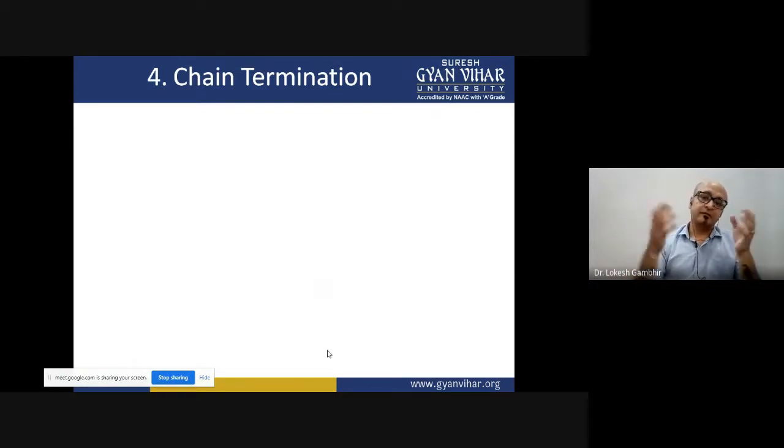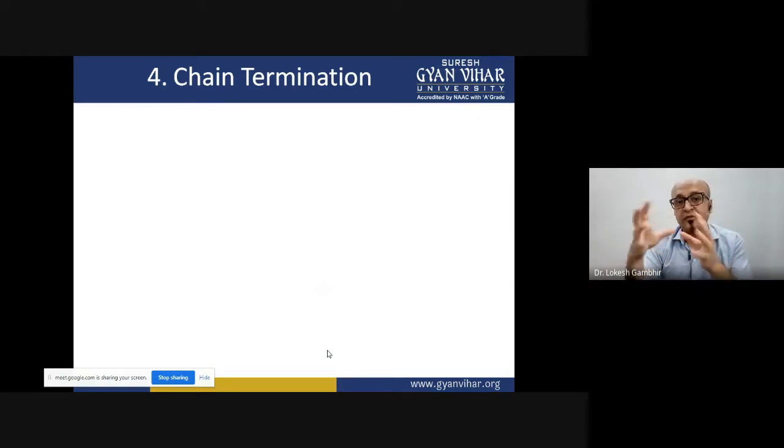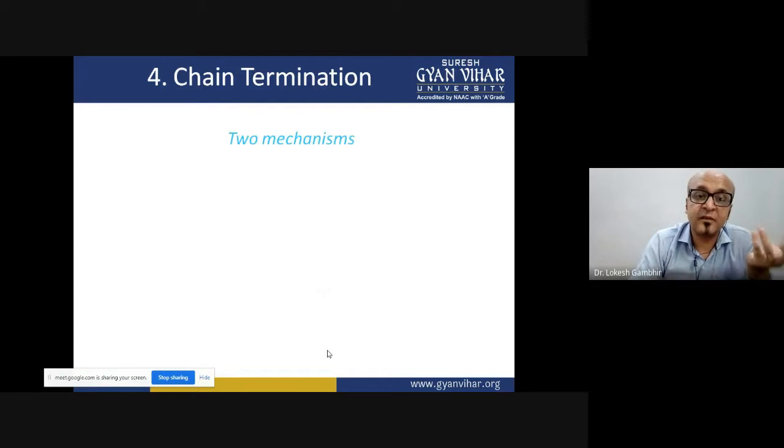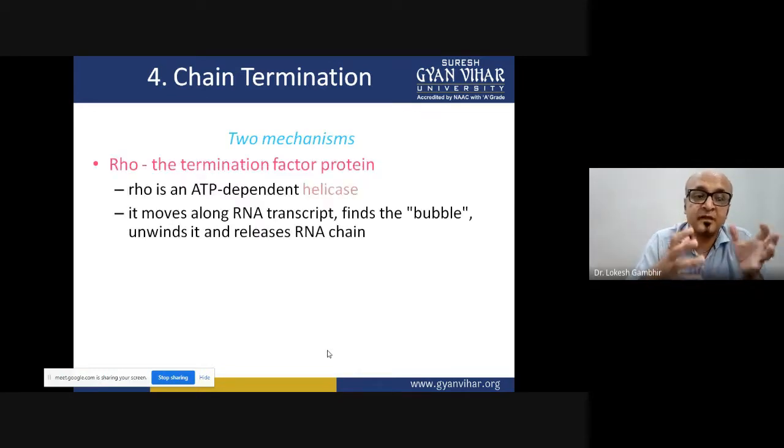Then the last part in this particular process of forming the RNA molecule is nothing but your termination. Now you have to terminate. There are certain stop codons there to terminate, but how is this termination brought about? Again, the termination is brought about by two mechanisms. The first is the Rho termination method. Now there is a specialized protein called Rho protein.